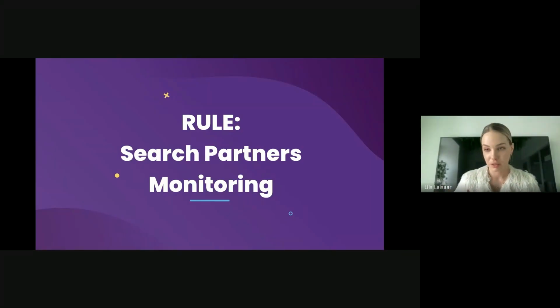Not saying it's inherently bad to have search partners enabled, but usually in B2B, as a general rule, I'm not saying this applies to every single account, we haven't seen super great performance from search partners, especially in terms of actual good quality conversions beyond just leads. So definitely worth taking a look.